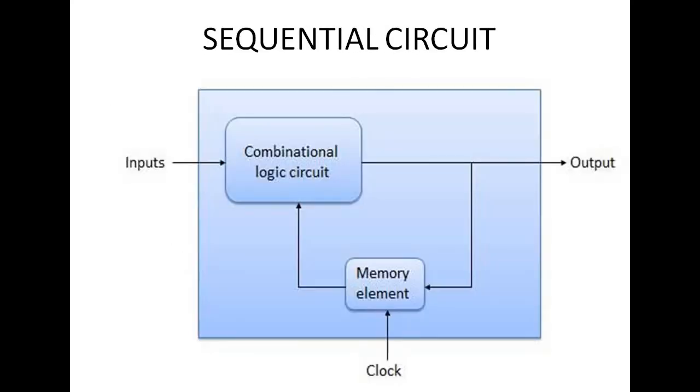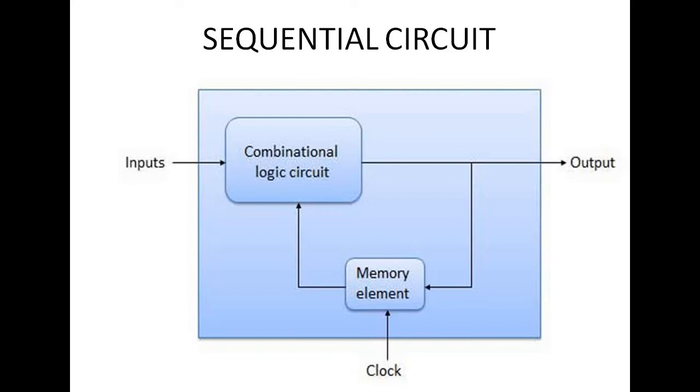Then what is the difference between combinational and sequential circuits? A combinational circuit has no memory; a sequential circuit has some memory element. In a combinational circuit, the present output depends only on the present input. In a sequential circuit, the output depends on previous input and output, so a memory element and clock are required.